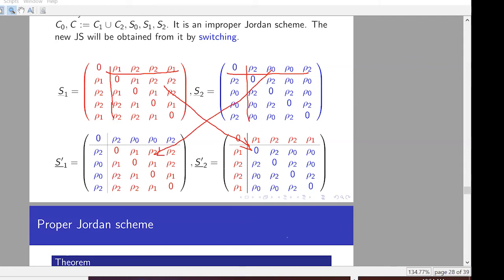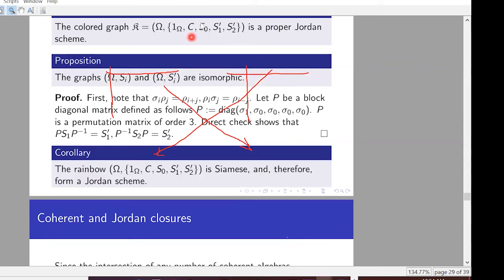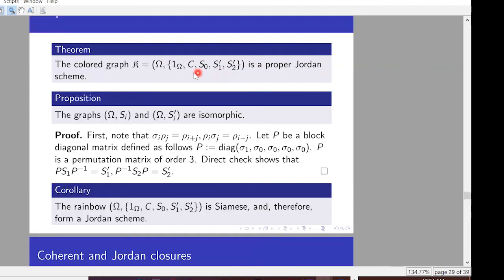Of course, if you do switching like that, it does not necessarily bring you an association scheme or Jordan scheme, but you can show that the new colors still form Siamese color graphs, and therefore they form a Jordan scheme.